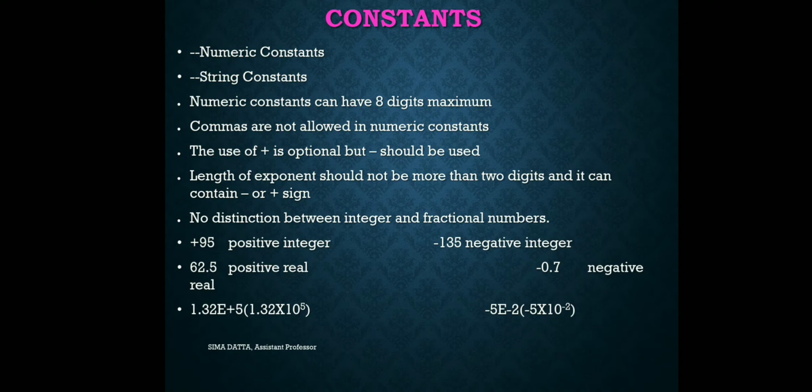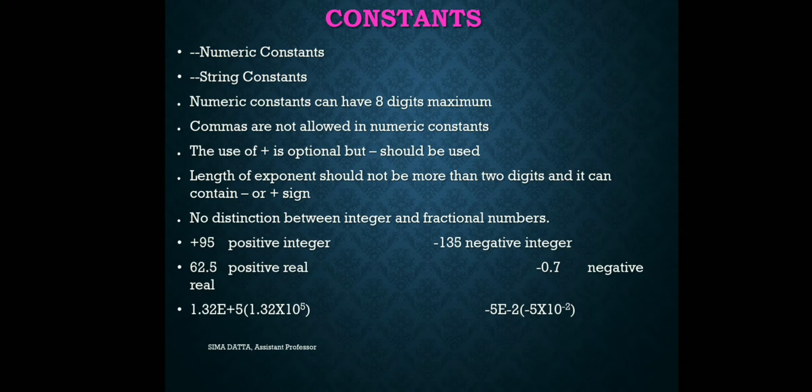The use of plus is optional, but minus should be used. That means if you want to write a positive number, you don't need to write the plus symbol, but to designate any negative number you must write minus.